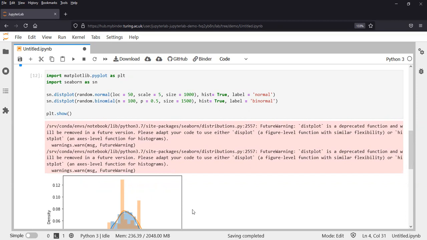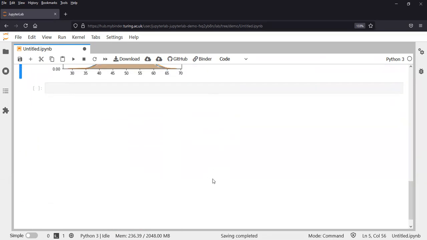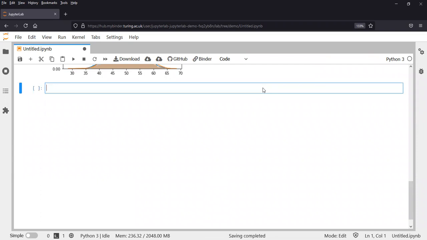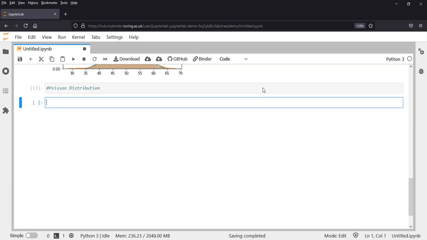Okay, so next I'm going to teach you the Poisson distribution. I just use numerical Python to introduce this distribution. So how to write the code?